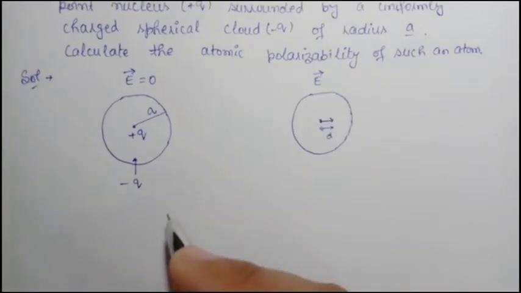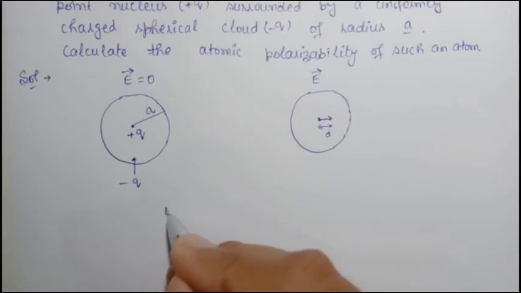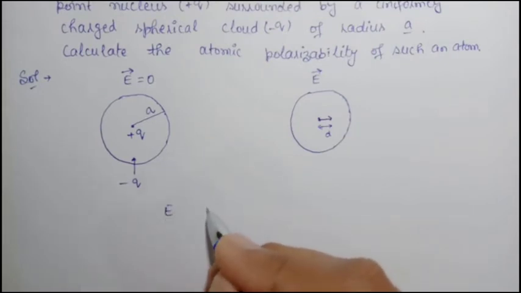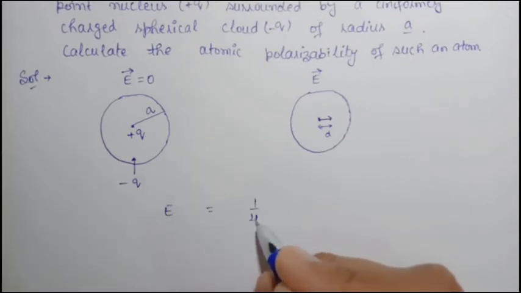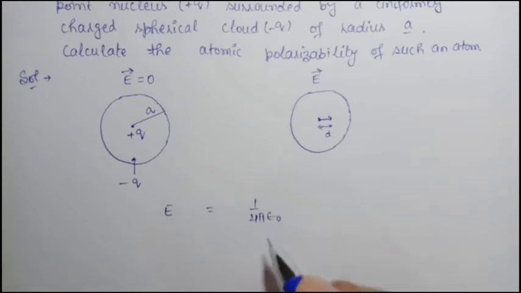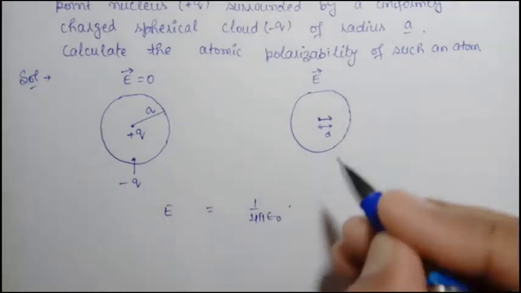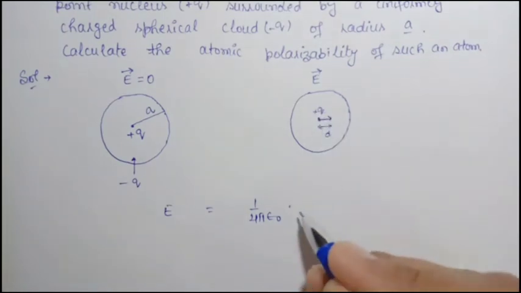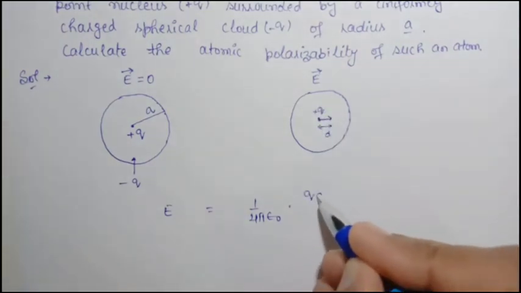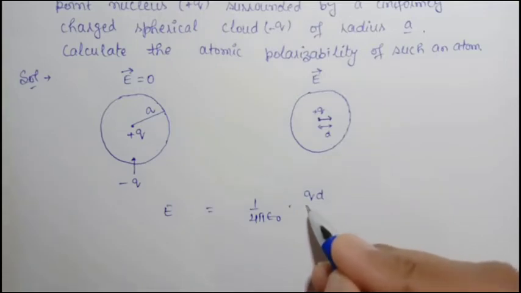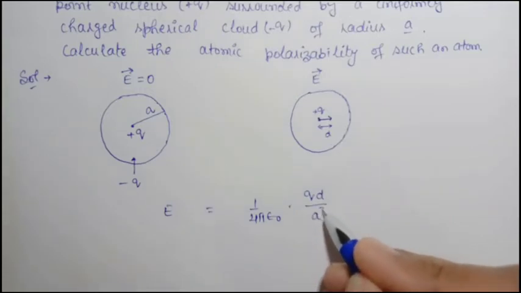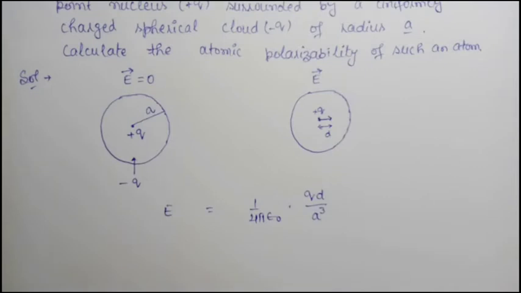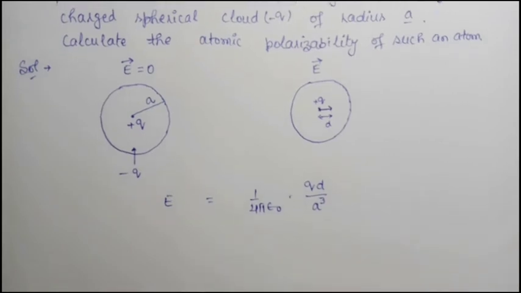Then mathematically we can write electric field E is equal to 1 over 4 pi epsilon naught, and here we have a charge, as we discussed, this charge is plus Q, so the charge is Q d over A cube, because A is the radius of the sphere, so A cube is the volume.